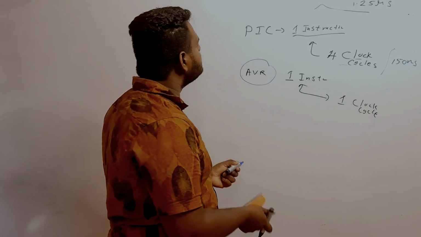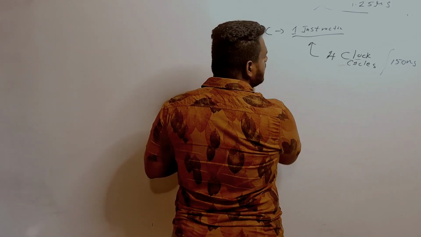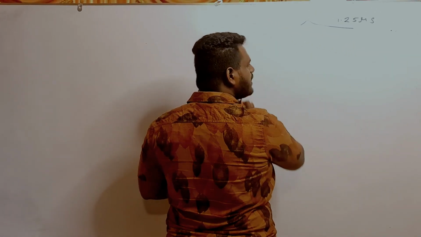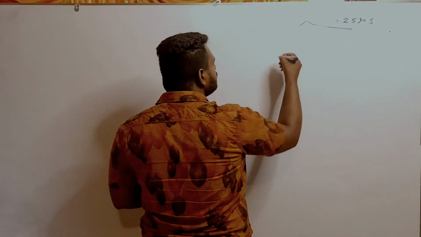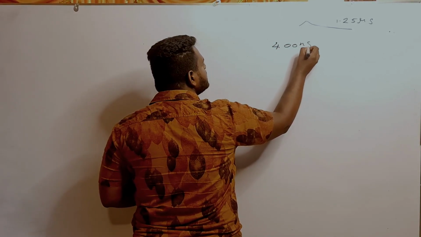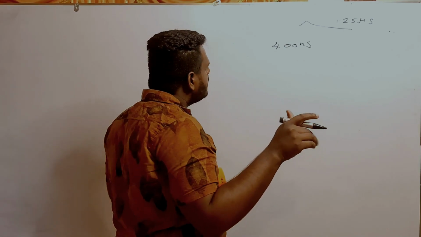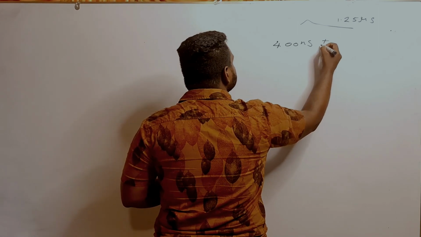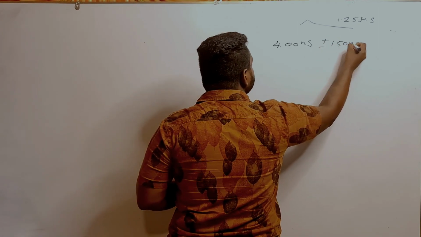So the considerable point here is what is the minimum time required to write these data logics. Here they're talking about 400 nanoseconds as the lowest timing signal. With this 400 nanosecond timing, it can vary by plus or minus 150 nanoseconds.